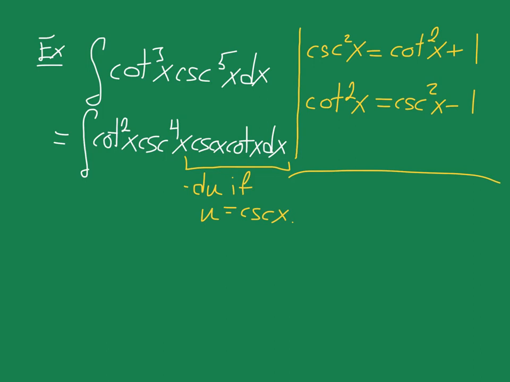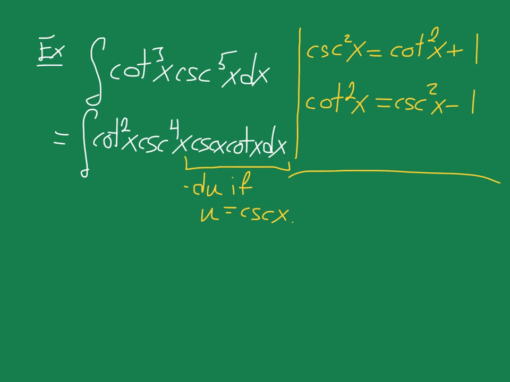If we want to do this and have this equal to our du, we'll need to be able to write everything else that remains in terms of cosecant x. Well, cosecant to the fourth x is certainly written in terms of cosecant x, but we would need to be able to write this cotan squared x in terms of cosecant x. Can we do that? Well, yes, because cotan squared x is equal to cosecant squared x minus 1.